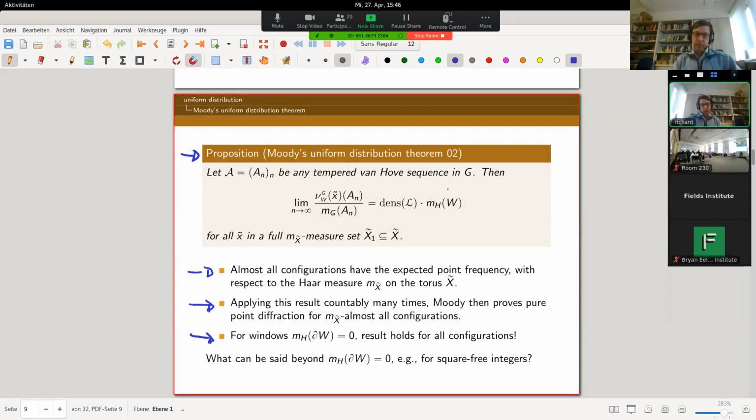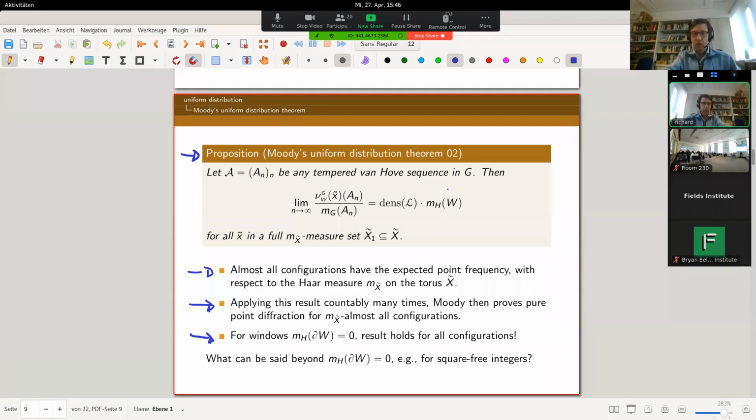But now, of course, the question arises, what can be said beyond this case, also for square-free integers? Note that for square-free integers, it was already known that they are pure point diffractive by explicit calculations. But how does this fit into this dynamical description? This was unclear at the time.